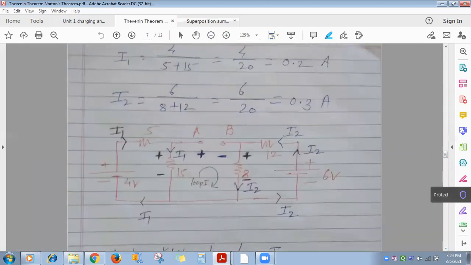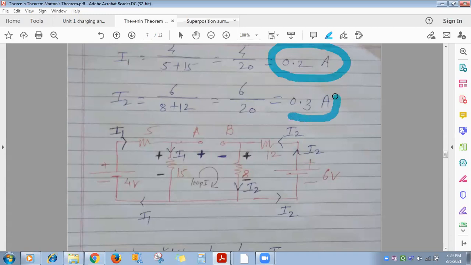Once I scroll down, you please cross check. Okay, I1 is 0.2 ampere, everyone got? That is 4 divided by 20, 5 plus 15. I2 is 6 divided by 20, that is 0.3 ampere.